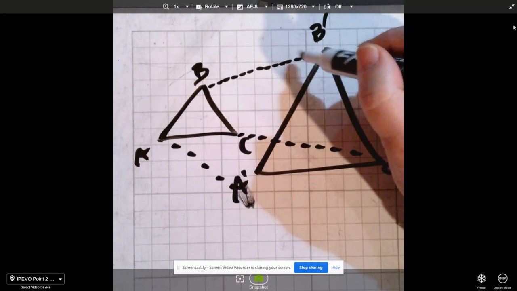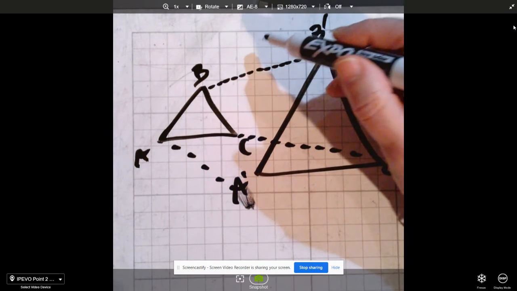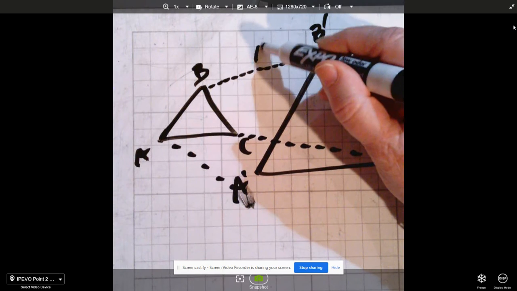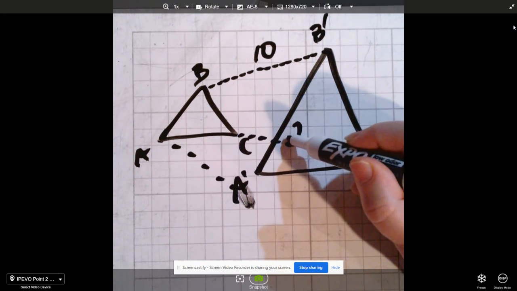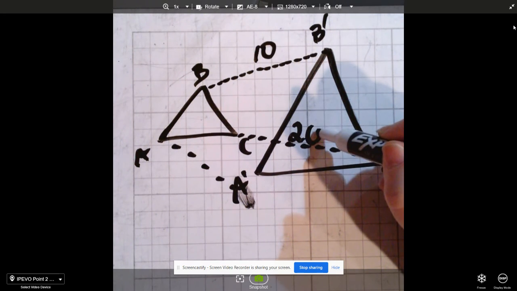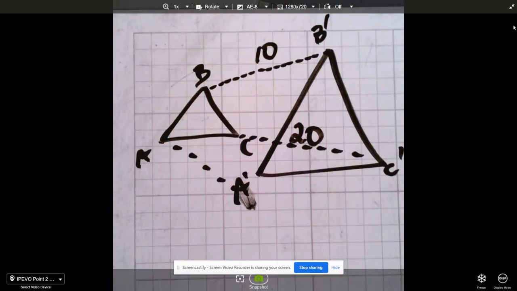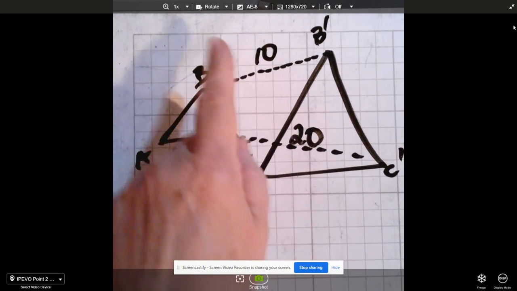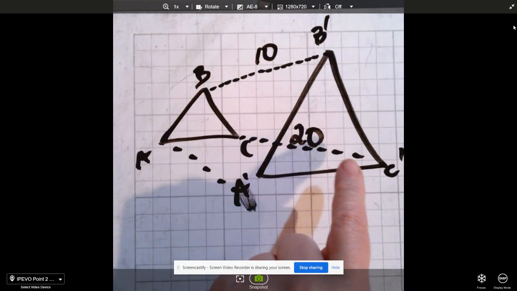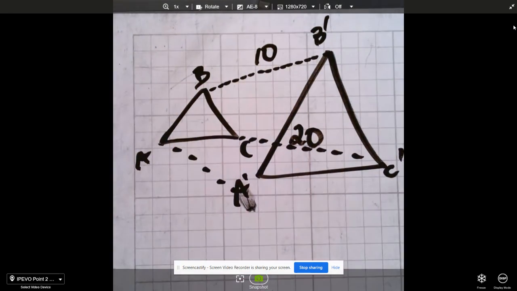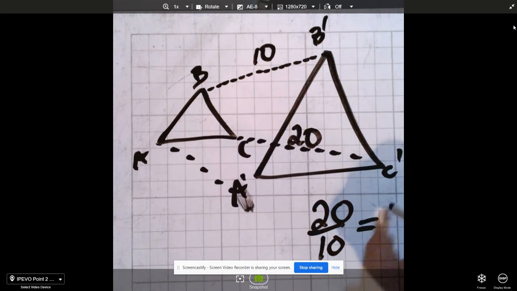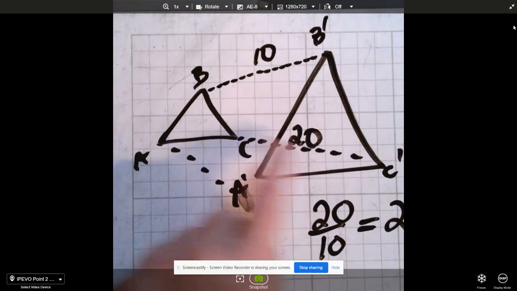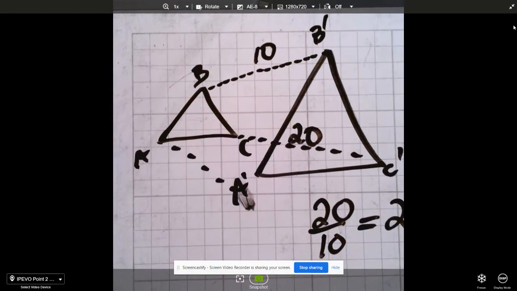So, for instance, if they said this length was 10 and this length was 20, then I could also figure out what the scale factor is by putting my new over my original. So I know this is getting bigger, so I'll put 20 over 10, and I can reduce that to 2, so I know that this is getting bigger because it's 2.